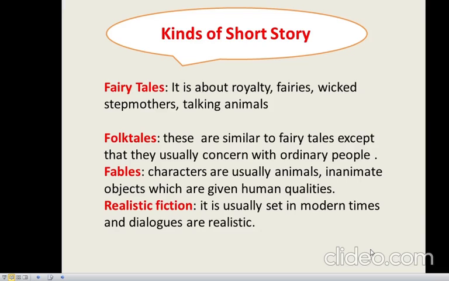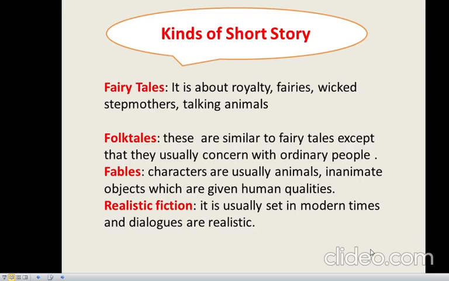We have folk tales. Folk tales are similar to fairy tales, but the difference is that they usually concern ordinary people rather than royalty. Okay, in fables, characters are usually animals, plants, inanimate objects or forces of nature which are given human qualities.